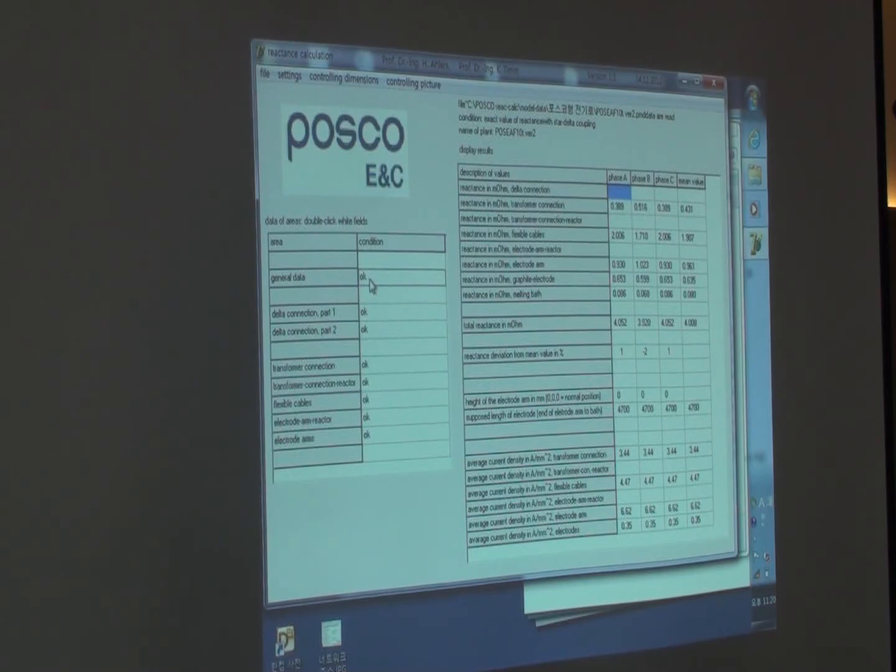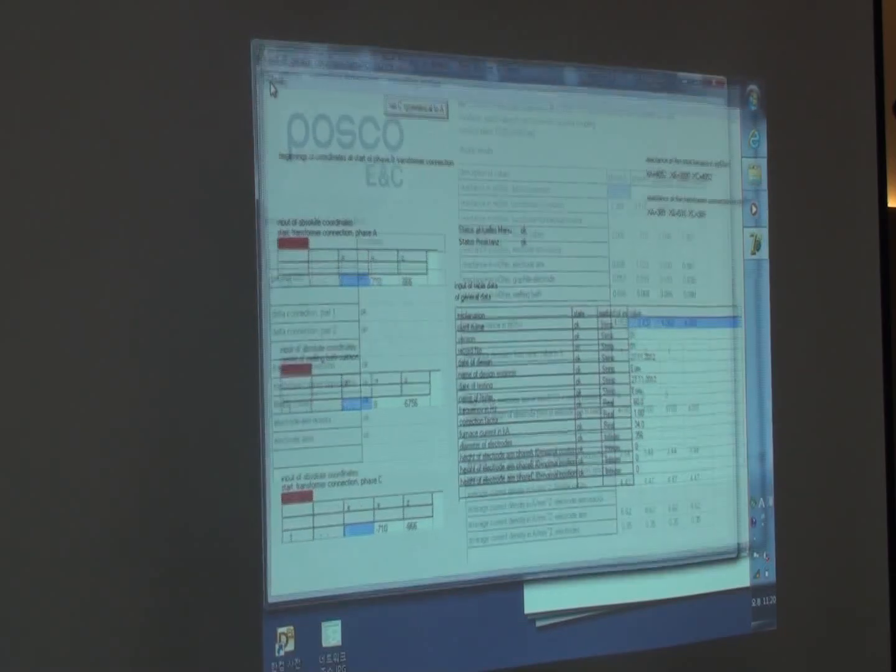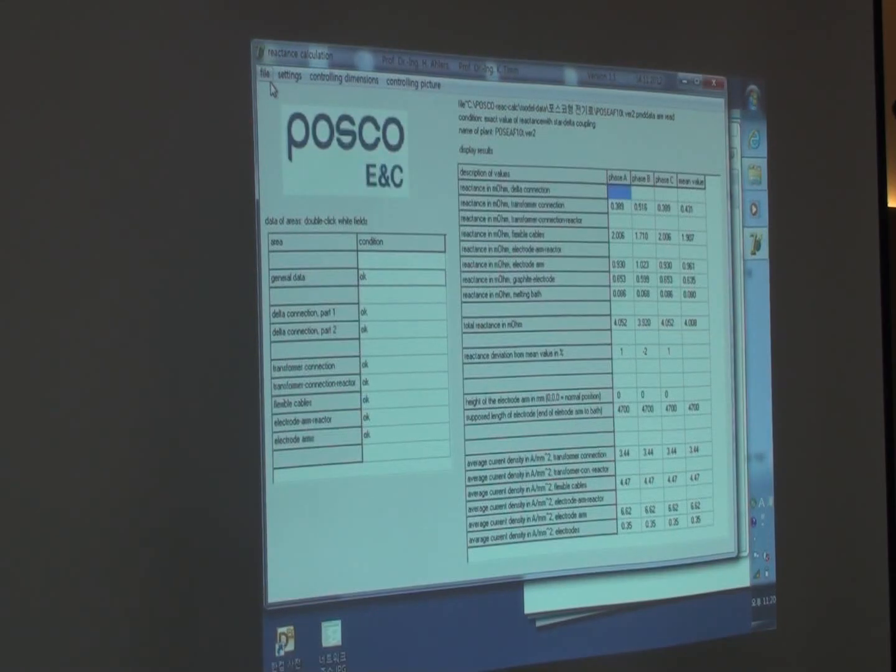On the primary of the transformer? On the secondary? Where did you make the reactance? On what side? I do not see the reactance. On the secondary, you make a reactance? Yes.